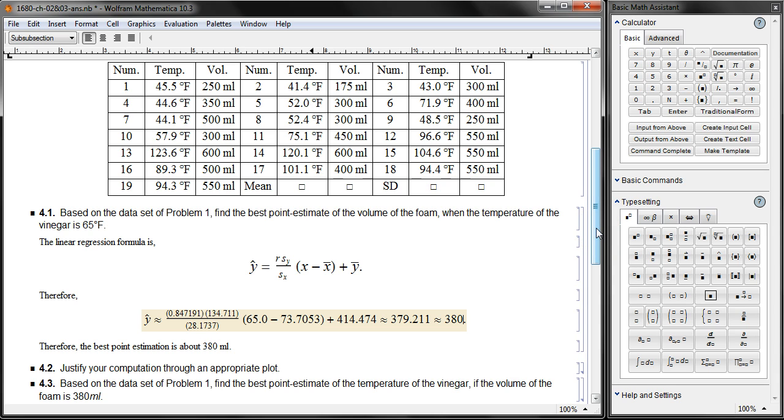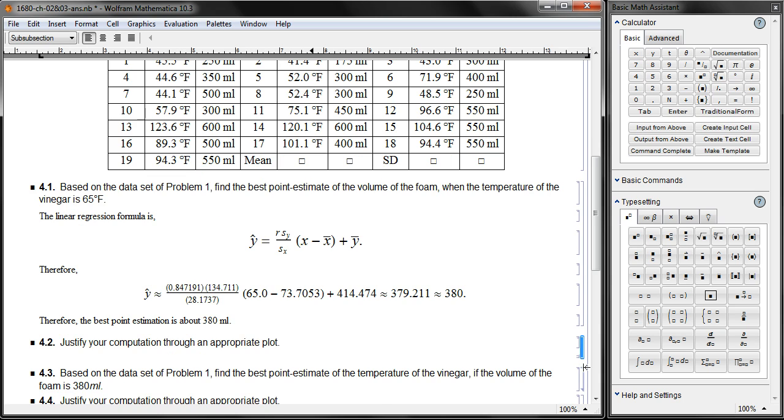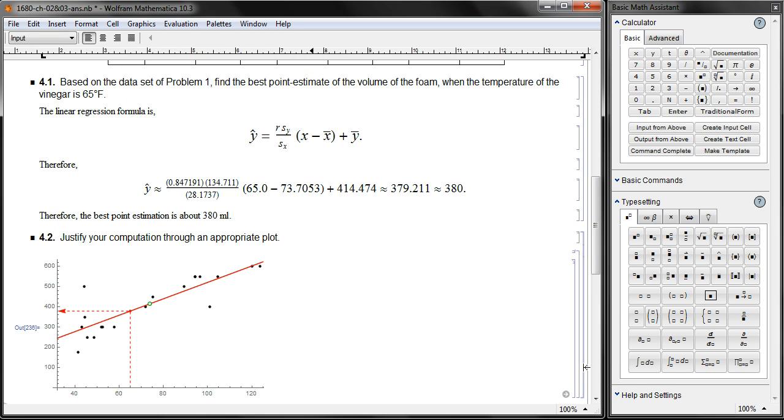Now, justify this computation through an appropriate plot. This is an extra credit part. How do you justify, and what kind of plot? There can be different ways, but the most preferred way is this kind of regression line along with the scatter plot. Scatter plot is the same thing you saw before. We have black dots here, and the red line is the regression line, the line of best fit.